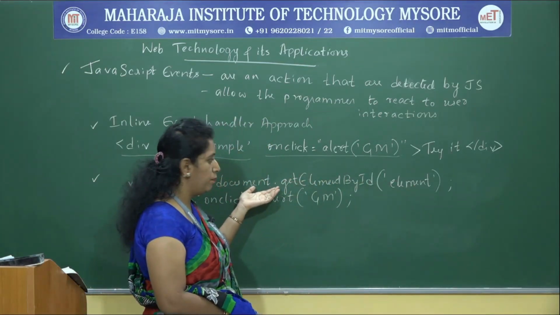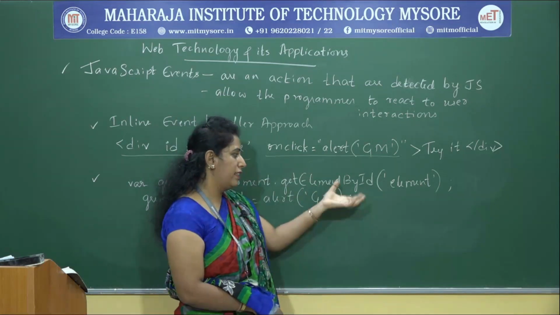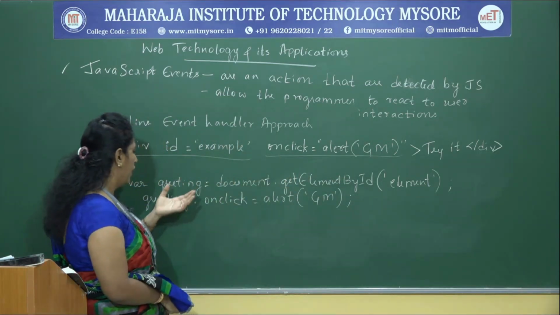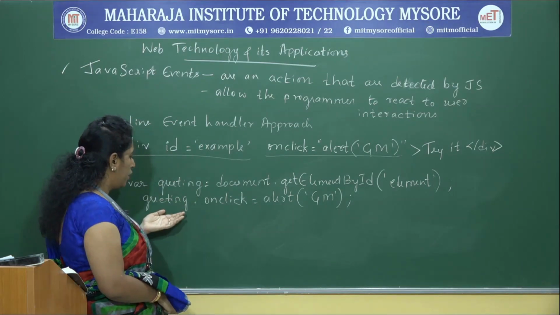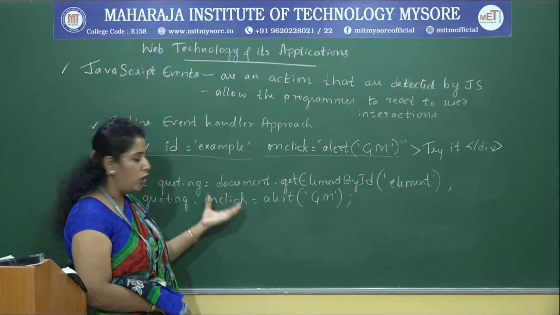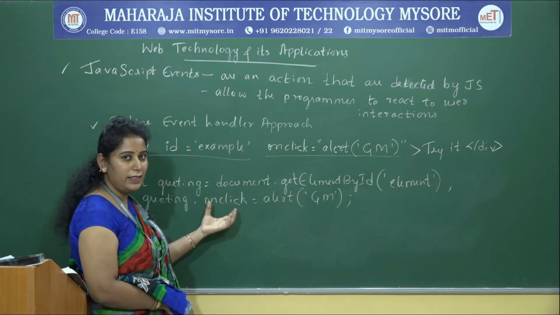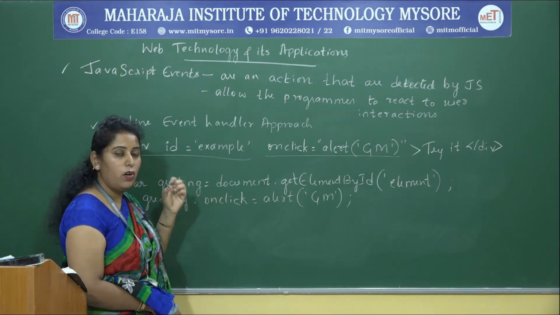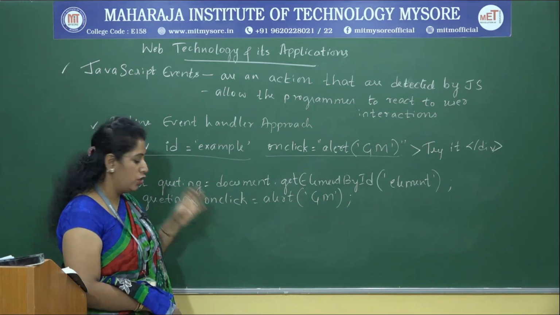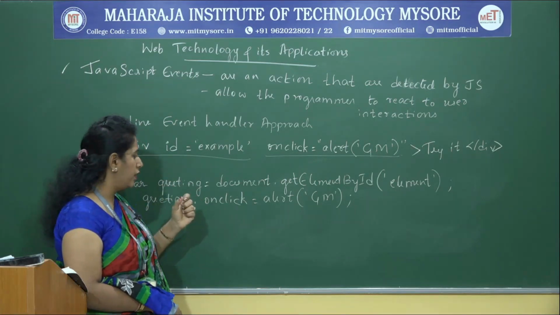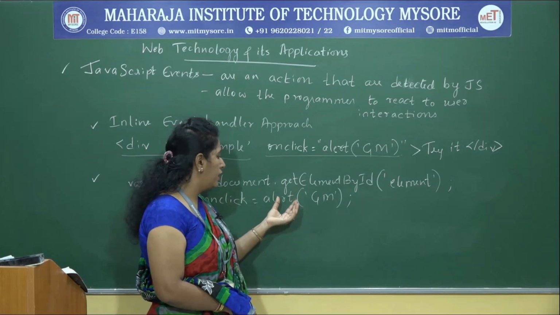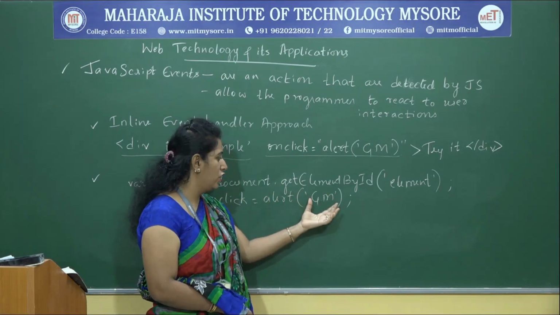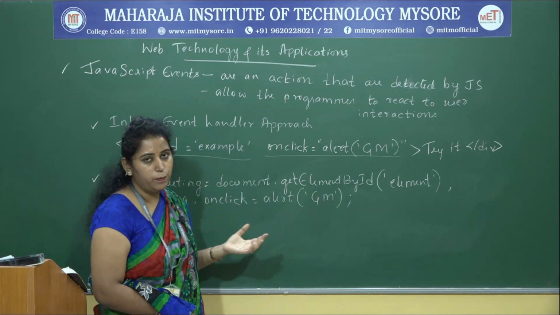Through this JavaScript property, we access the element and store it in a temporary variable. Through this temporary variable, we call an event handler, that is onclick. So onclick is an event handler which performs a certain event. When you click on the element, it alerts the message good morning.